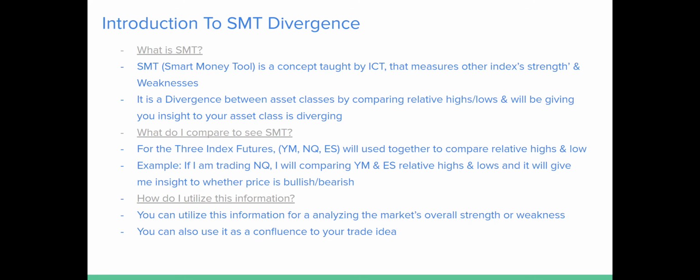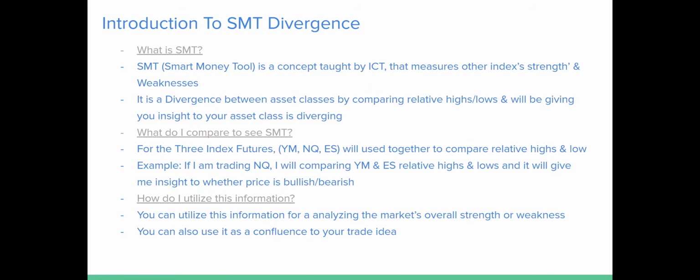What do I compare to use SMT? So for the 3 index futures, you're going to be comparing YM, which is Dow Jones, NQ, which is NASDAQ, and ES, which is S&P 500. You use them together to compare relative highs and lows.